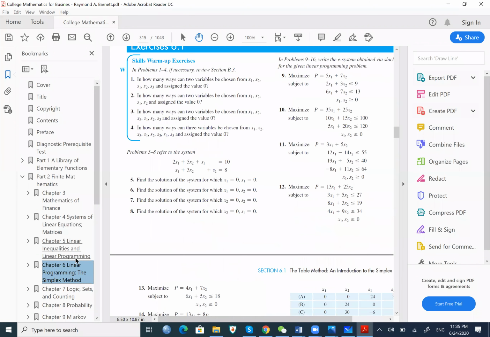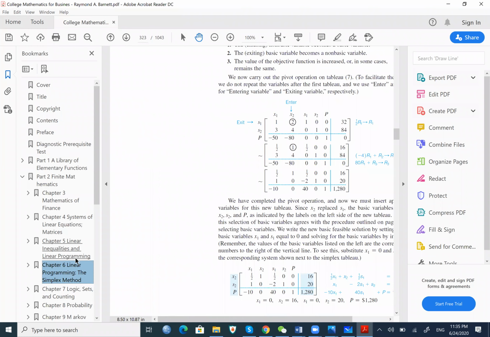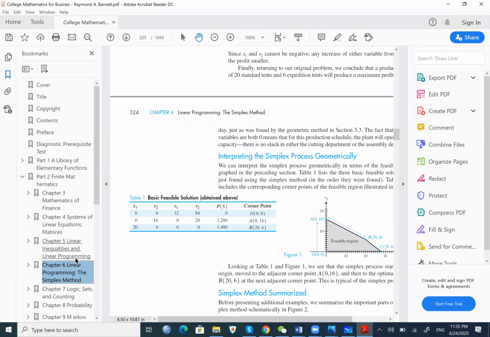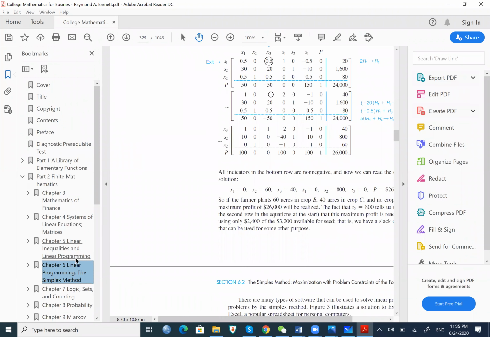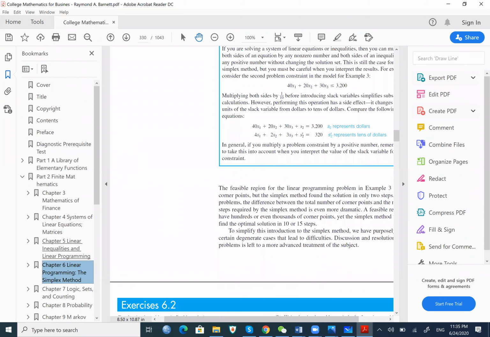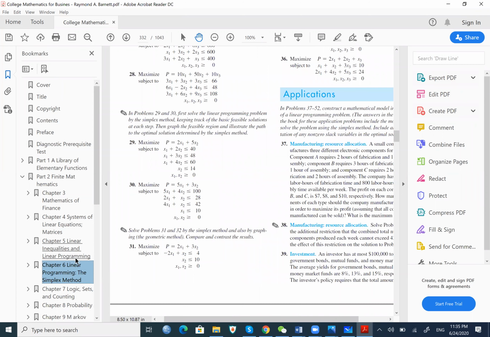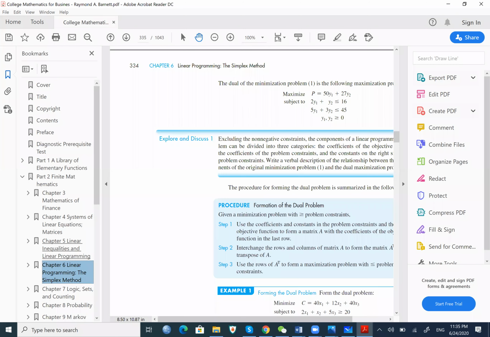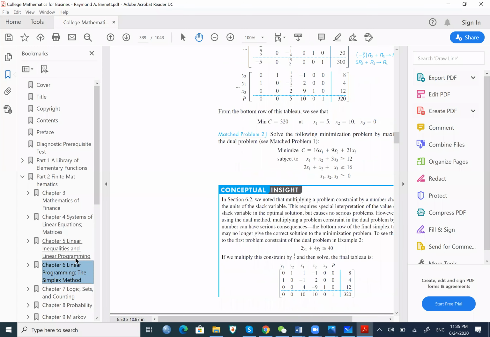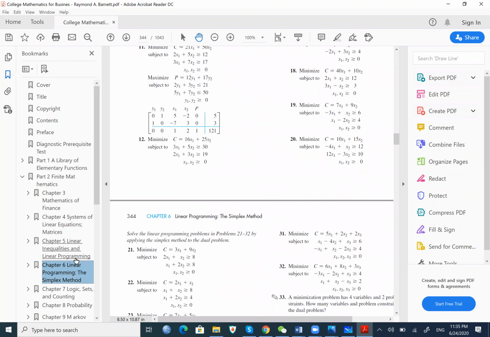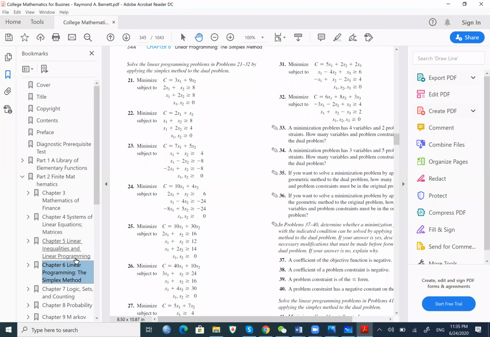Section 6.3. Question number 30. This one?